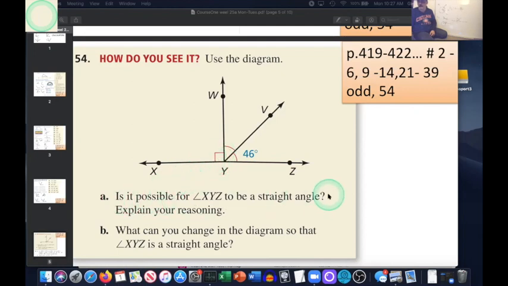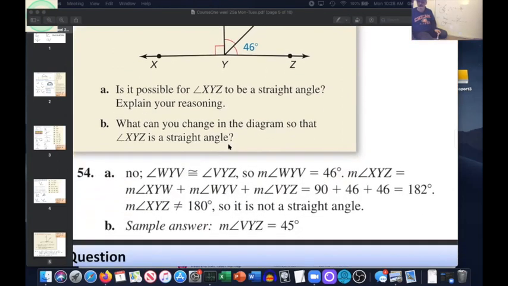So there's no way this could be a straight angle because the geometrical markings of the 1 curves imply congruence. That implies this other angle is 46. So what you can do, don't assume this other angle is congruent. Make this other angle 44, and then you'll be able to get 180. And that's what the sophisticated language is talking about.